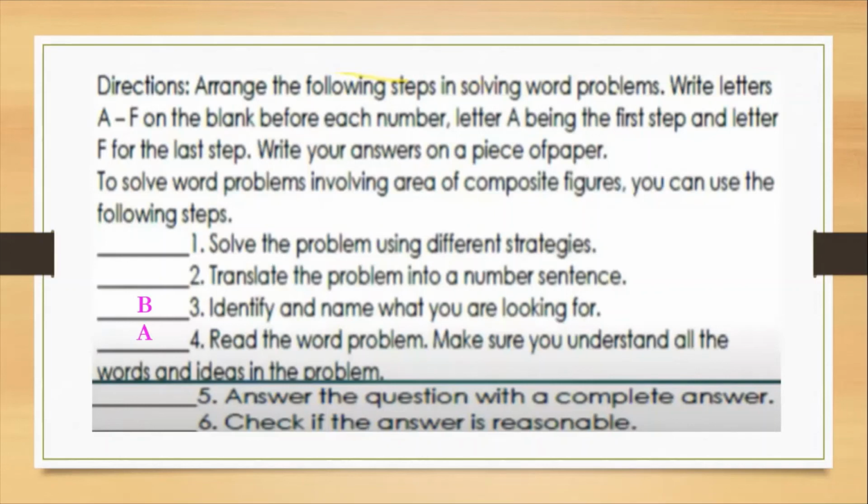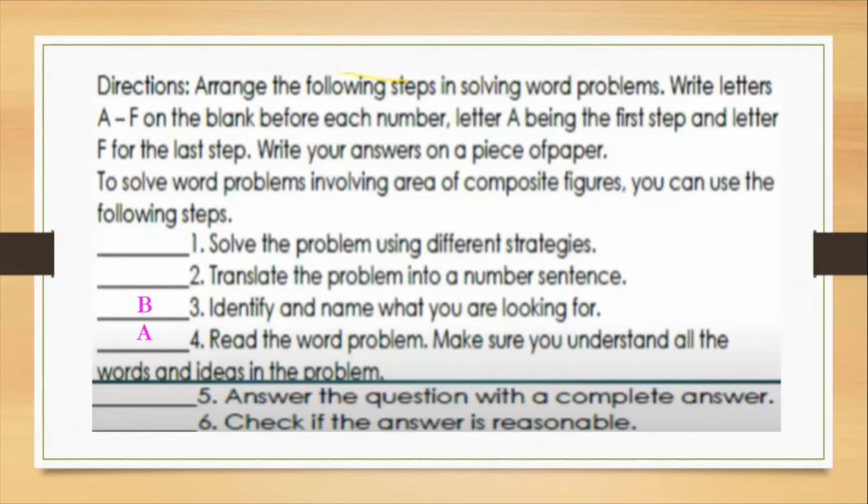The first thing that we do is read the word problem, and we must make sure that we understand the words and ideas in our word problem. The second thing when we are solving a word problem is number 3. After we understand the words and ideas, we identify and name what we are looking for.